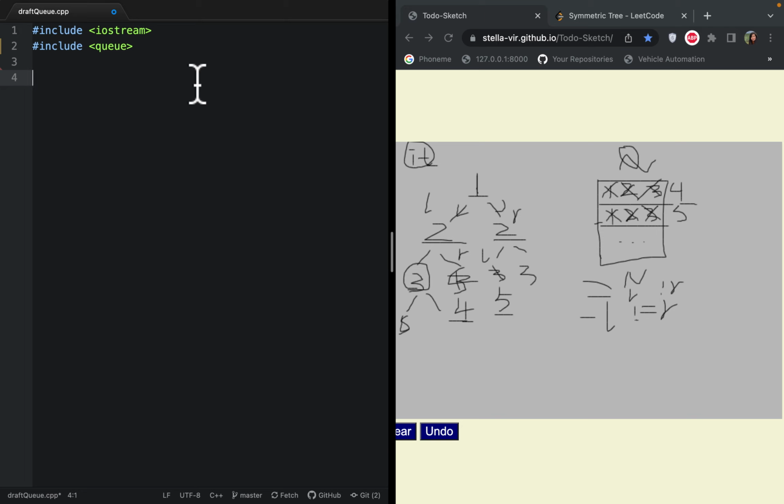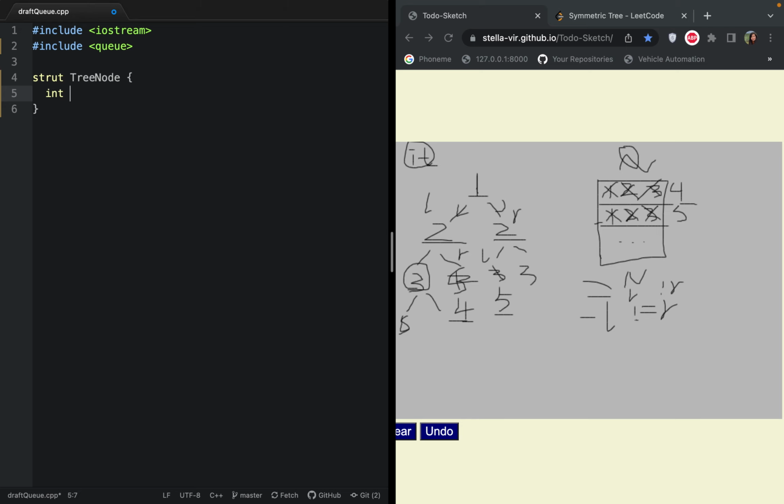For the first, we want to construct, sorry, I can spell better. Okay, struct. Well, not sure if that's spelled correctly, but let's struct the tree node.